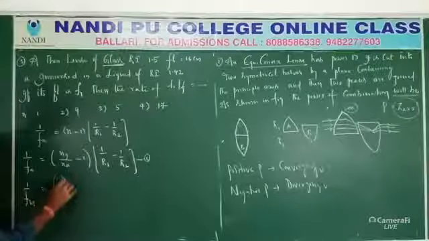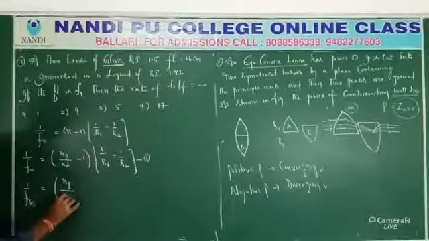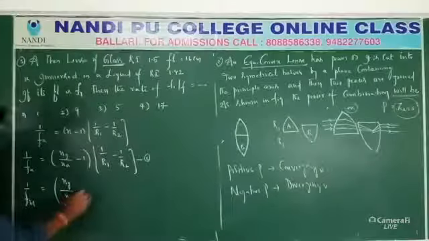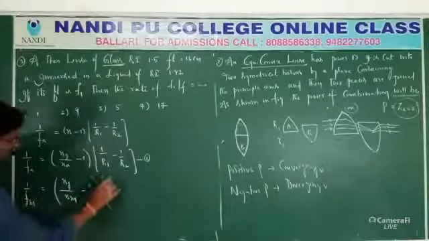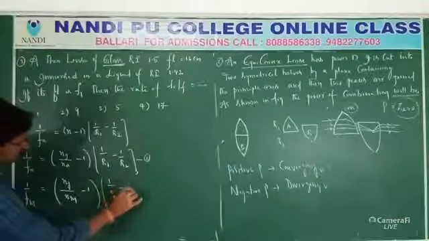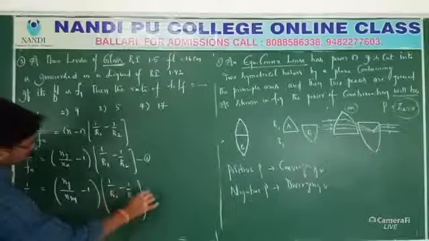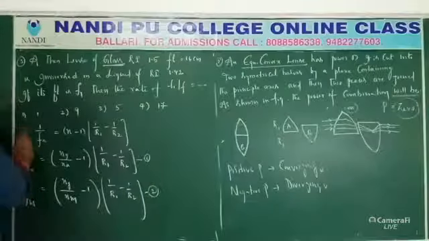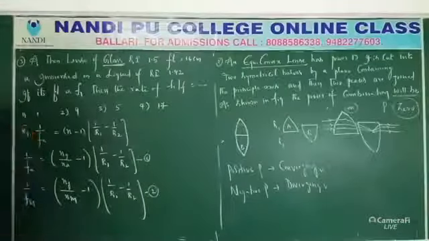So in medium means this is G, but with respect to n of medium. Minus 1 into the same, 1 by R1 minus 1 by R2. This is equation 2. This is the general formula for lens maker's formula.